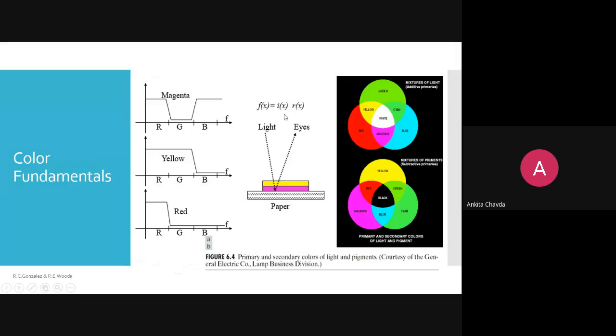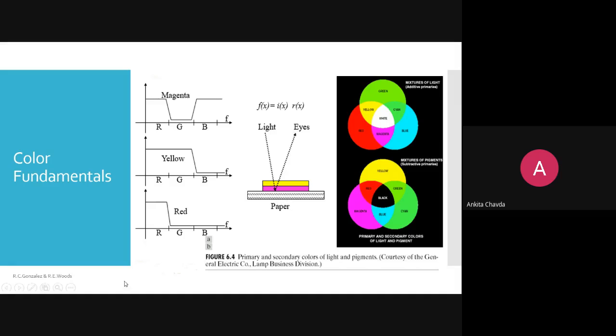So here you can see this is your image, illumination into reflection. This is your basic image model, right? So if the light is there, the particular color will be reflected, all the other wavelengths will be absorbed, and whatever the color is there will be reflected to the eye, right?